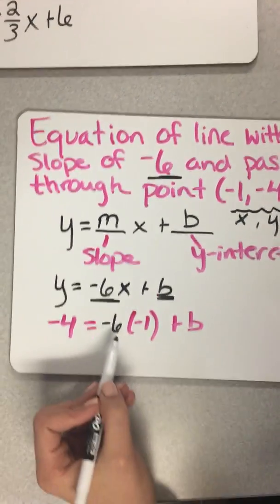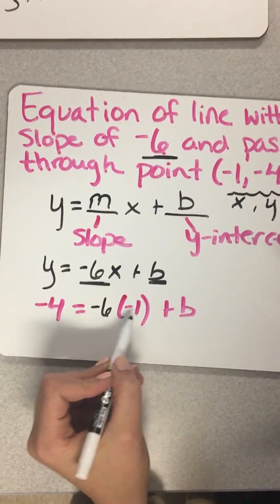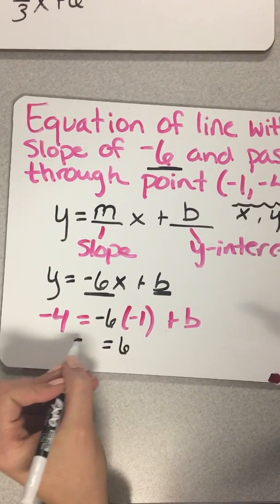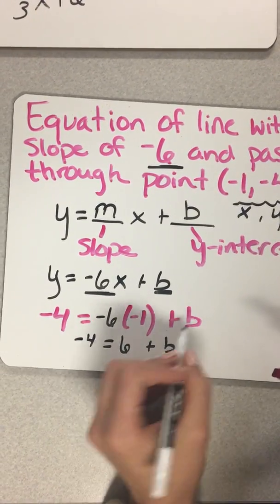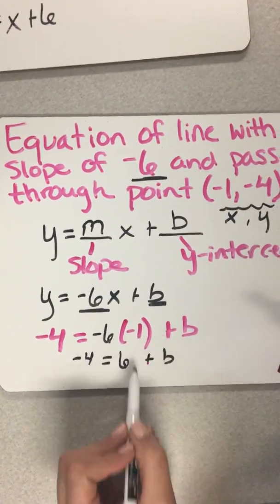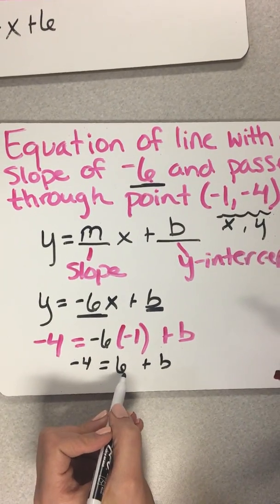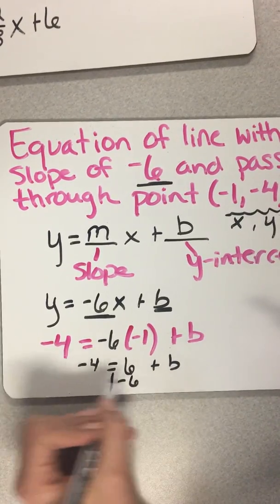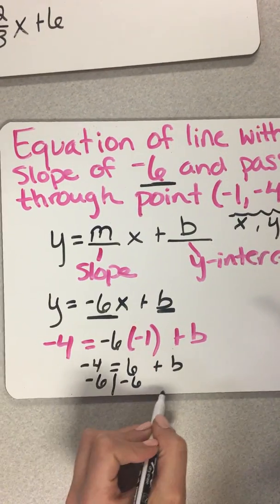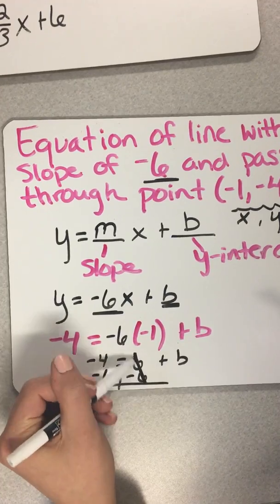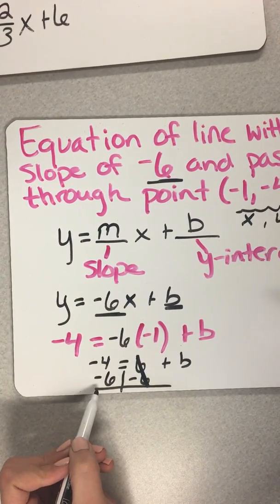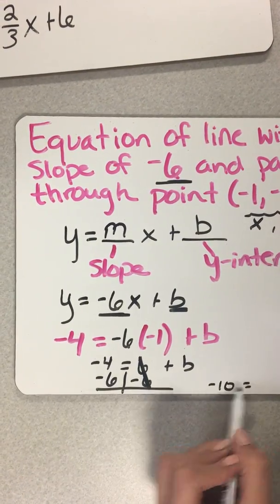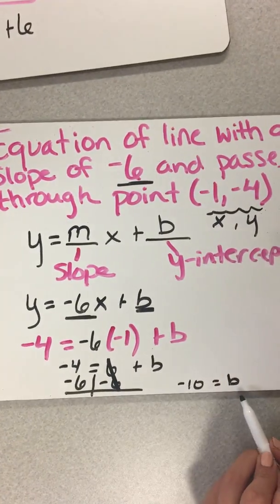If we solve this, -6 times -1 is going to give me a +6. Bring all the rest down. And I want to get b by itself, so I want to solve for b. So I'm going to move this 6 by subtraction, and then I do this to the other side as well. So what I'm left with is these two cancel out. -4 minus 6, I'm going to write it over here, is -10. My equal sign, and that equals b.